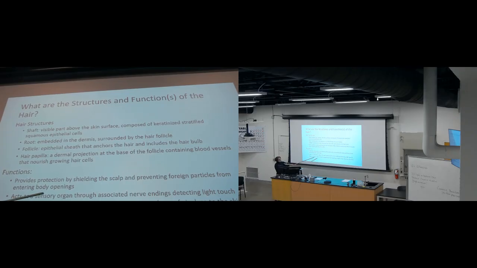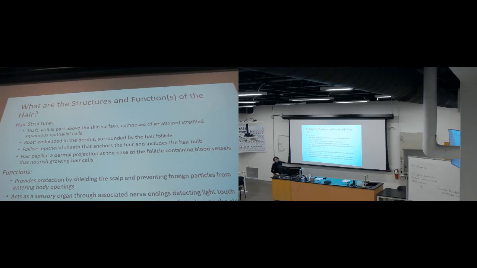And we actually have, surrounding the root, a set of nerves that is called the root hair plexus. I don't know if it's labeled in your image, but basically that root hair plexus can sense the movement of the shaft, and it can send the information to our brain so that we can make sense of it, and it's associated with light touch.